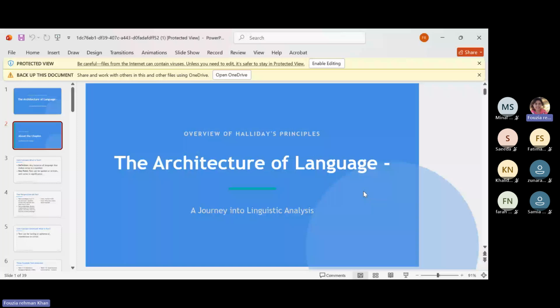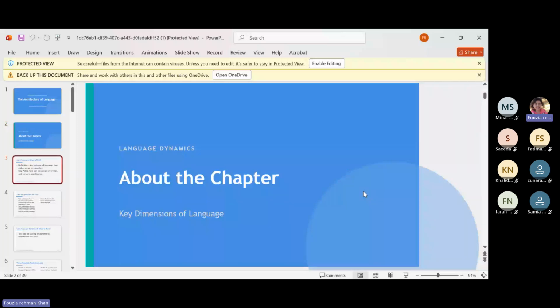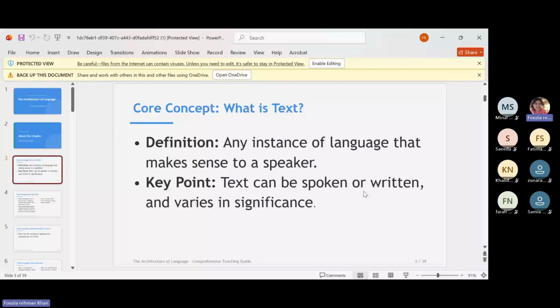So, I've already told you that text is an instance of language. It has to make sense. It can be spoken, it can be written, and it has to have a significance. The significance can vary. It can be less significant, it can be more significant, but it has to have certain significance. It should add to the meaning. It should be communicating something, doing some work, and be functional in society. So that is a text, and anything that doesn't give you meaning, that does not have a context, is not.